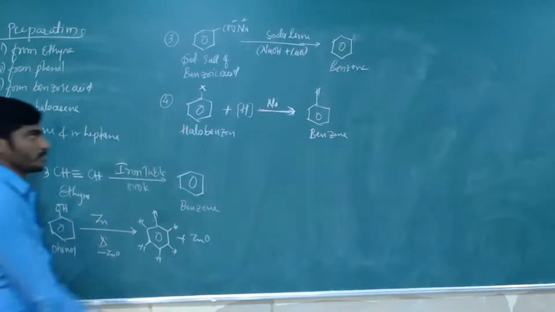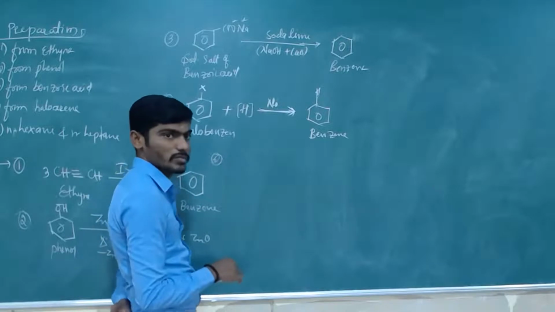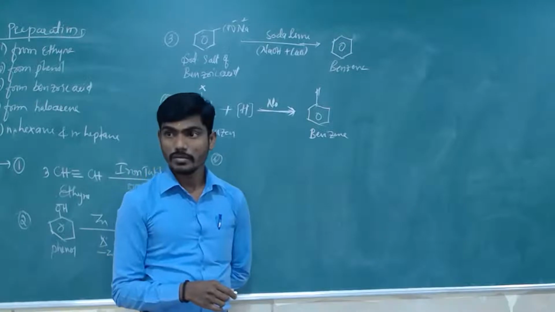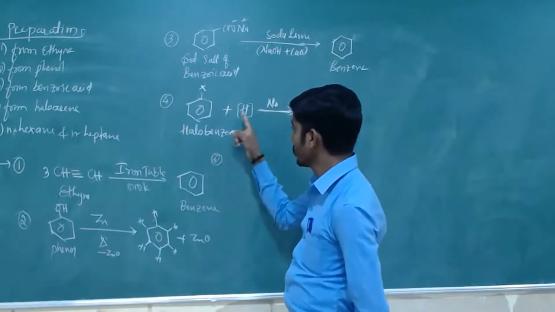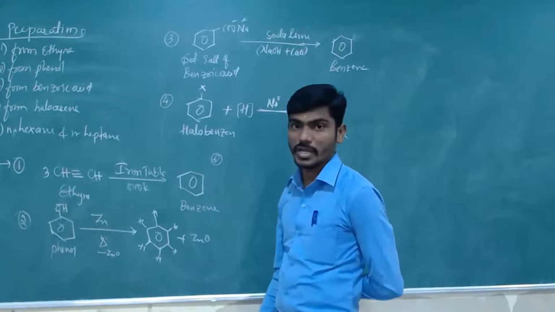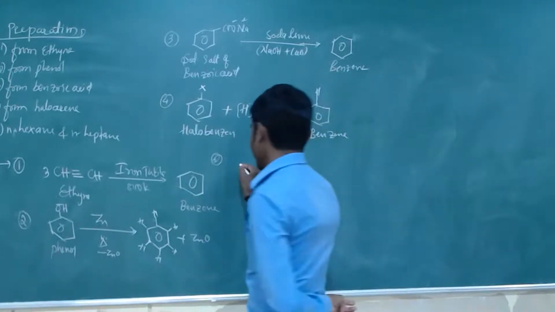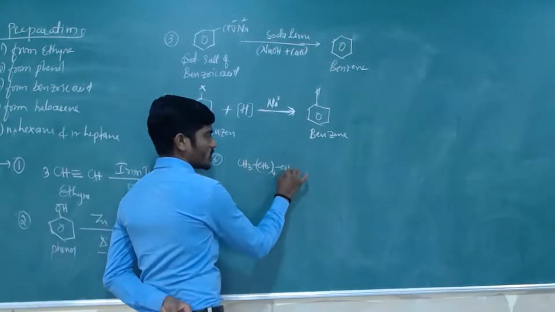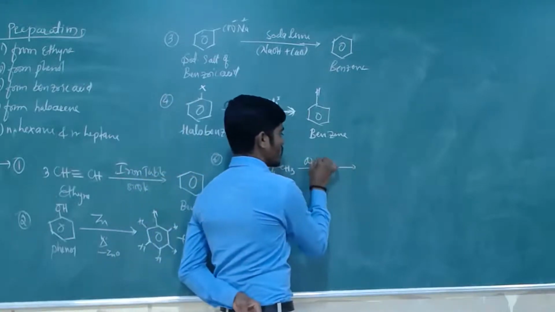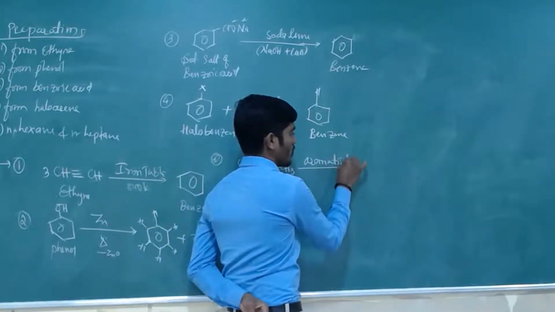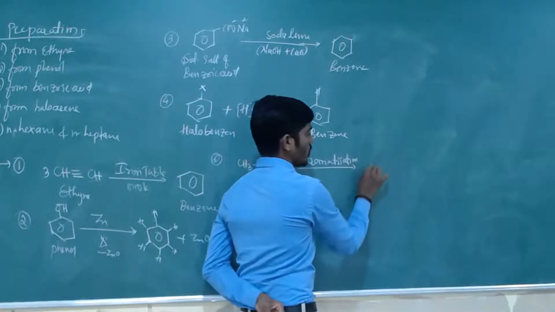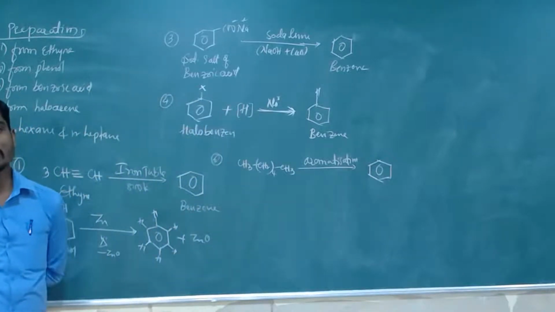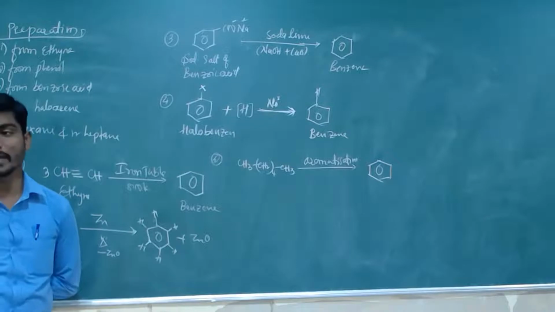Next, from N-hexane. Alkanes chemical properties: aromatization. When N-hexane, that is CH3, four times CH2, CH3, undergoes aromatization, that is formation of an aromatic compound, it gives rise to benzene in the presence of molybdenum oxide, vanadium oxide, chromic oxide, etc., at high temperature.